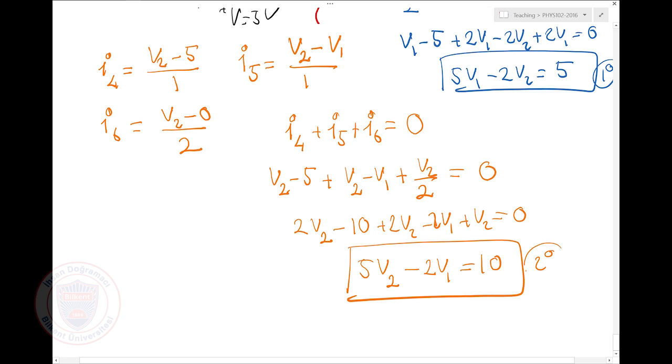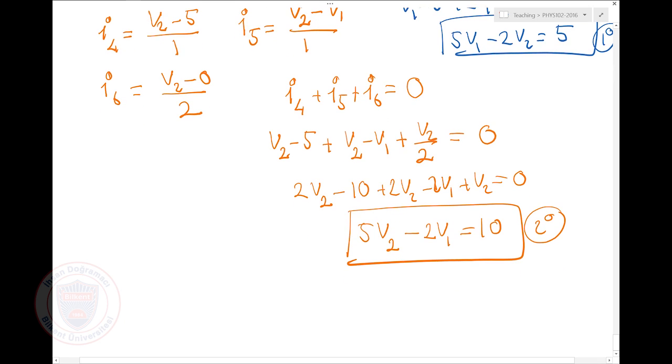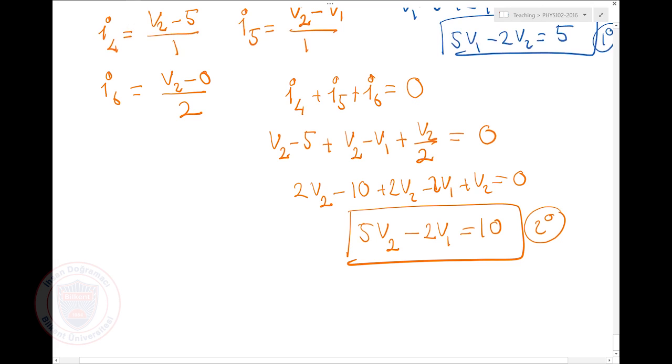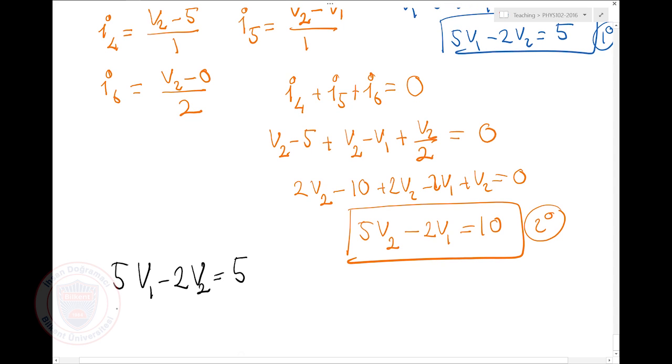That's my second equation. I have two unknowns, I have two equations. Can I solve them? Yes, let's solve them. Let me rewrite those equations. 5V1 minus 2V2 is 5, and 5V2 minus 2V1 is 10.